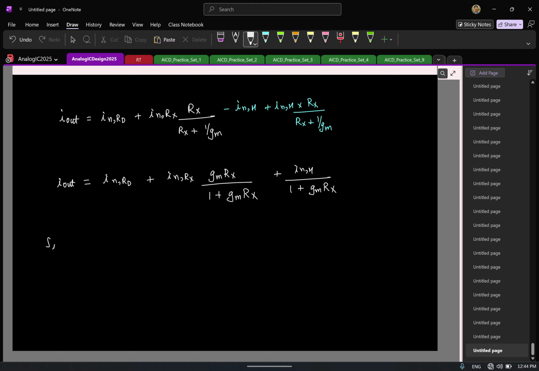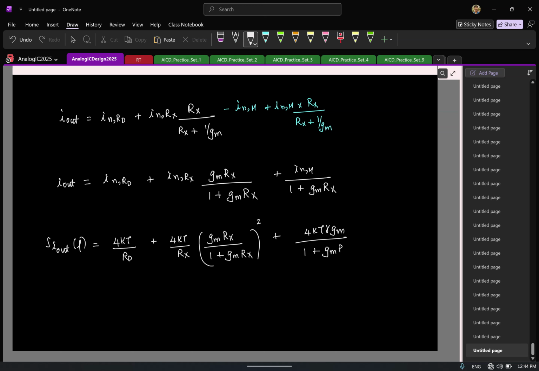Which means S_Iout of f is 4kT by RD plus 4kT by Rx times (gmRX by 1 plus gmRX) whole square, plus 4kT gamma gm by (1 plus gmRX) whole square. I'm just writing this fully for making a point later, not very critical now.